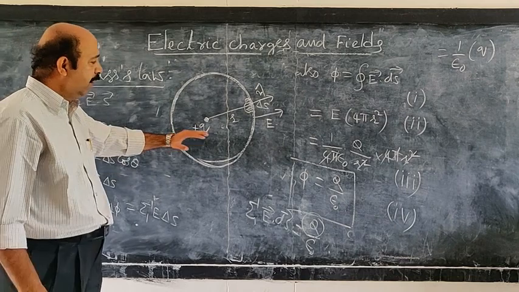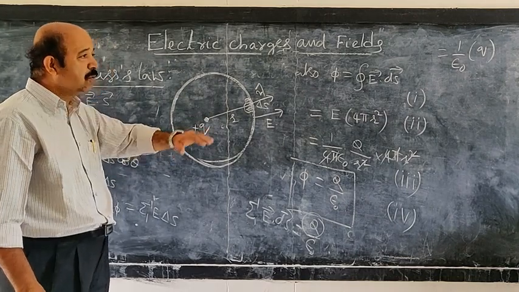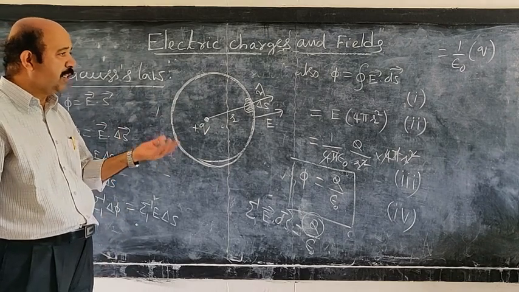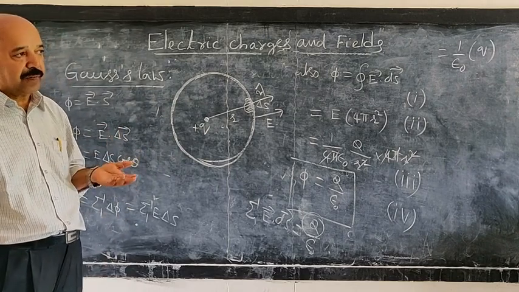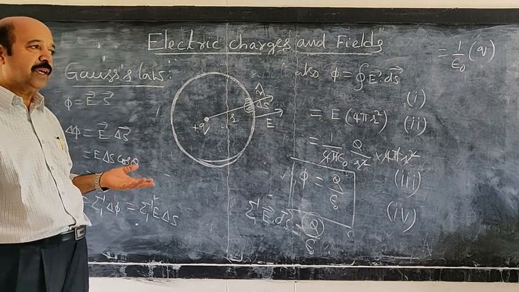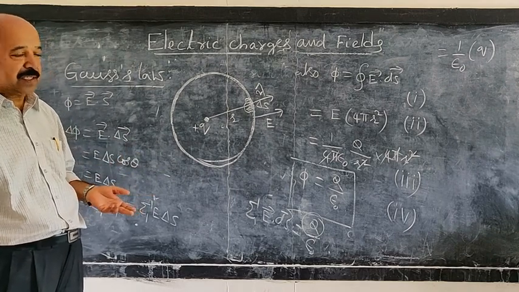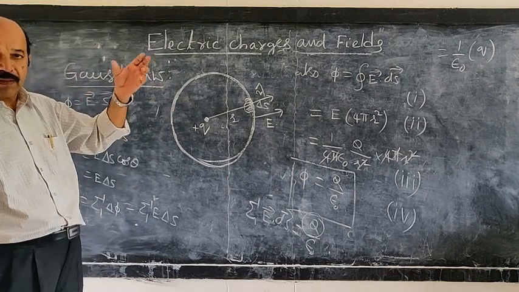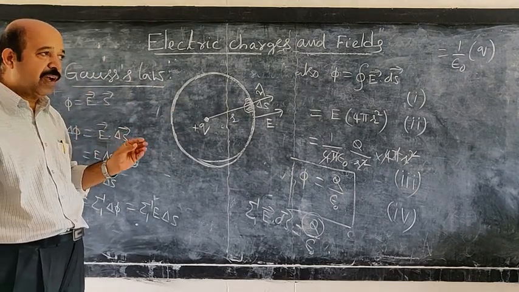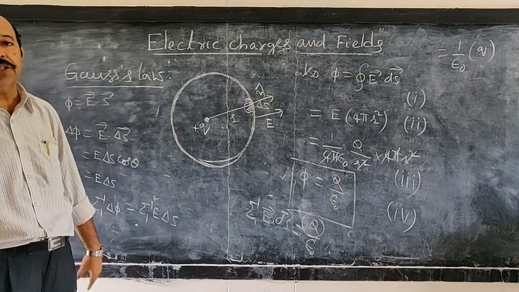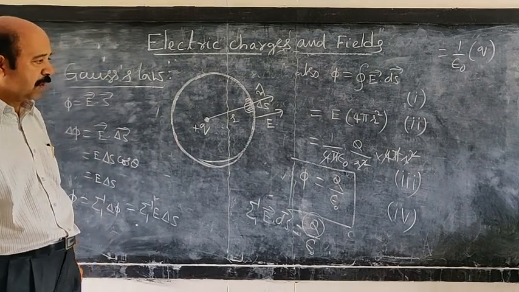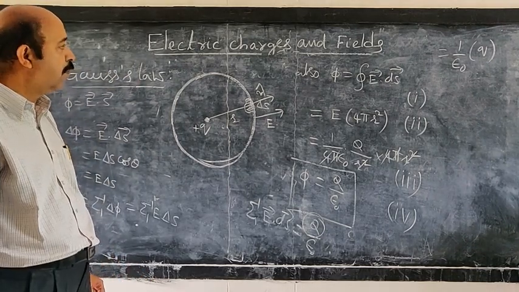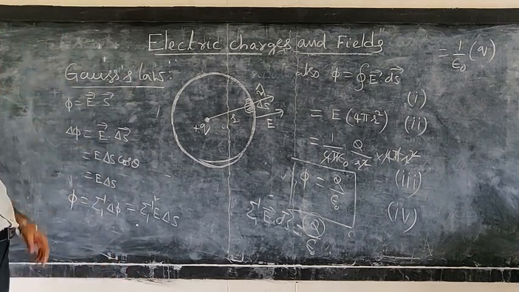This is similar to Coulomb's law, in which the electric force depends inversely on the square of the distance. Therefore, Gauss law depends on Coulomb's inverse square law. Therefore, any violation in Gauss law will lead to a violation in Coulomb's inverse square law. So these are some salient points one must remember regarding this Gauss law.